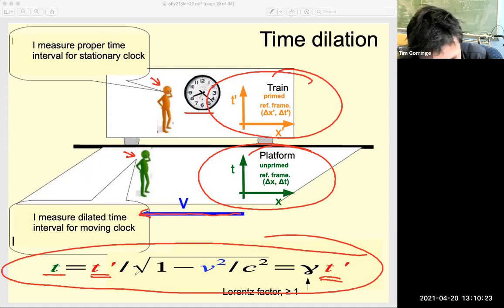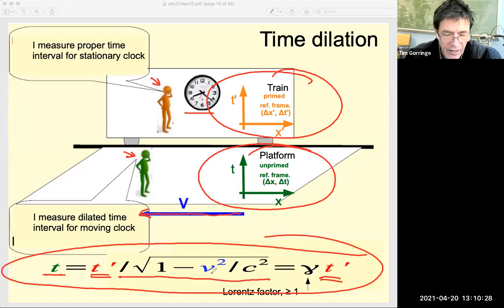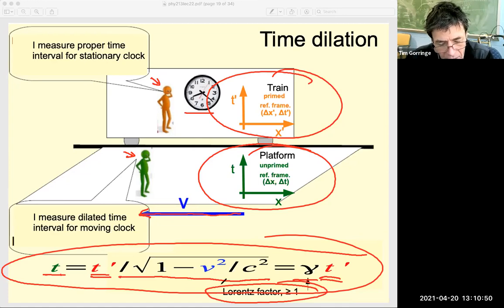And that stretch, again, is determined by this factor here, that is determined by the speed of the platform with respect to the train. And that factor, again, we call it the Lorentz factor, and it would be 1 if the platform was at rest with respect to the train, and it grows larger than 1 if the platform is moving with respect to the train.